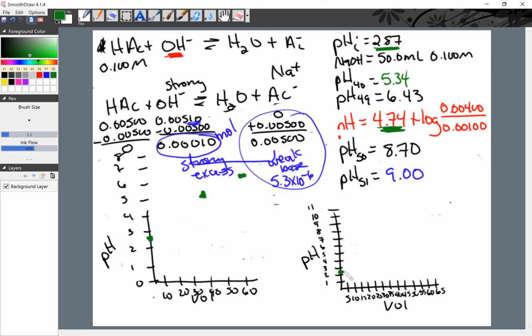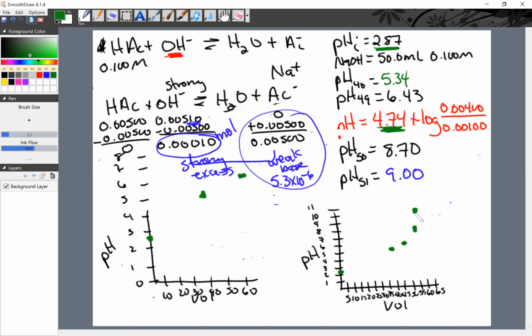At 40, it was 5.34. At 49, it was 6.43. At 50, it jumped all the way up to 8.7. And then at 51, it was clear up at 9.